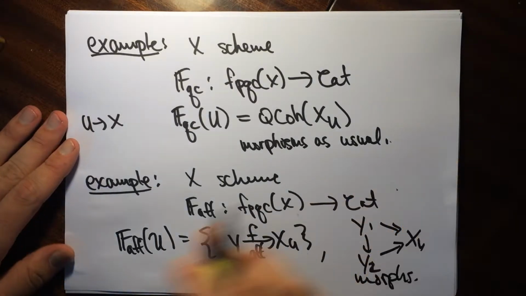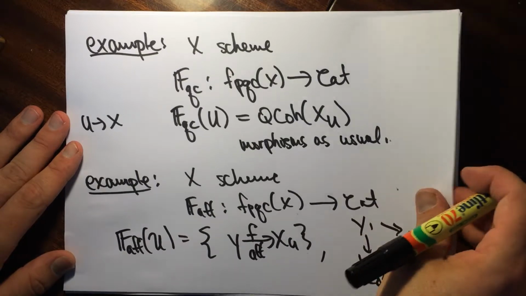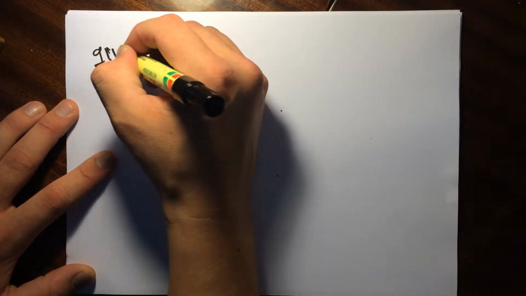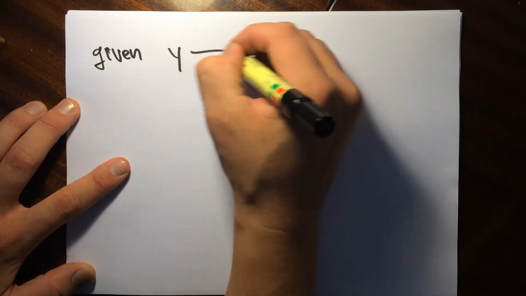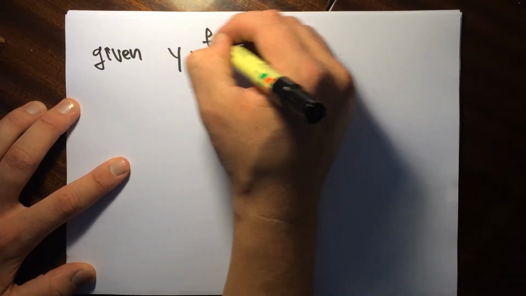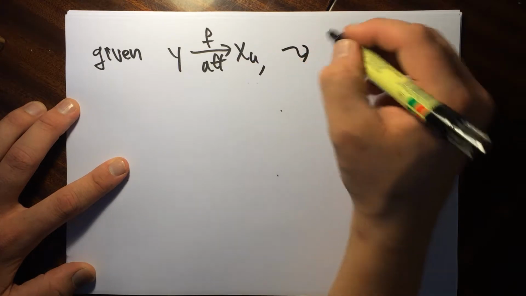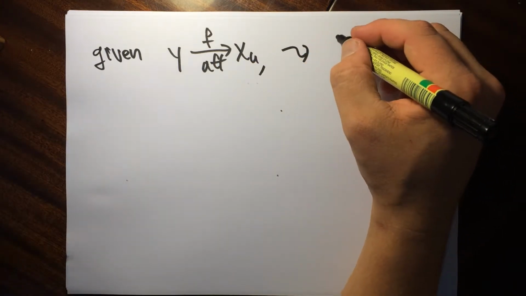Okay, so if we have one of these affine maps over XU, given this thing, we can associate this sheaf.